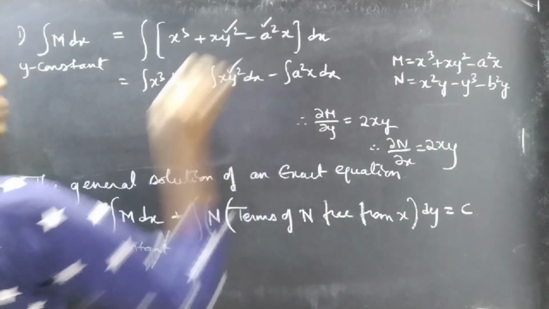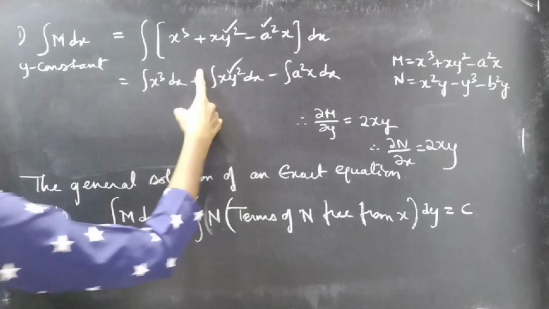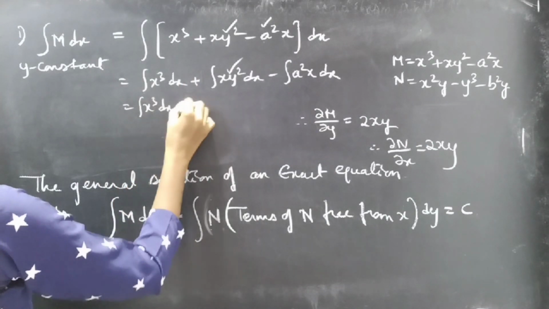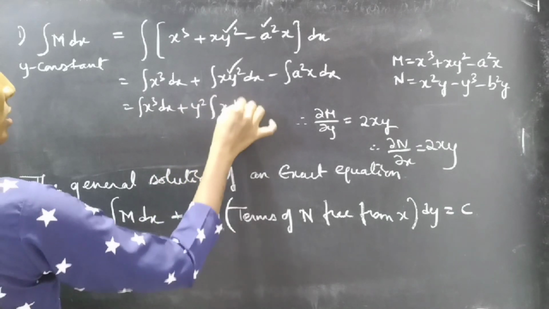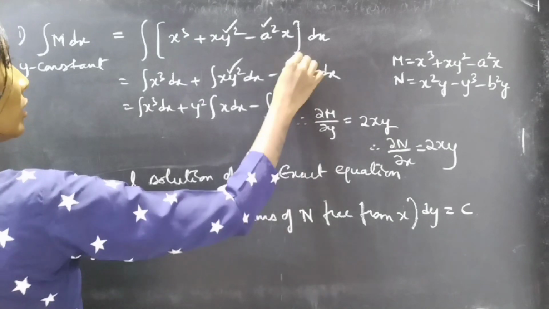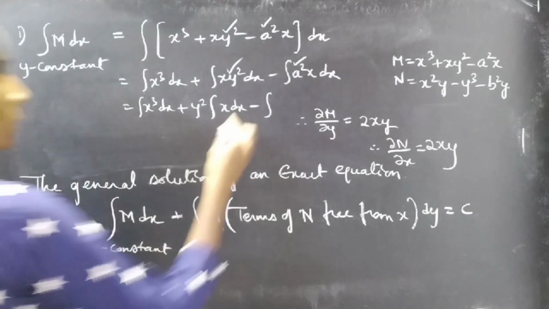Since y square is constant, we'll write y square outside the integral. Then we'll get the integral of x cube dx plus y square times the integral of x dx minus the integral, and here a square is constant, right? Let's write a square outside the integral.